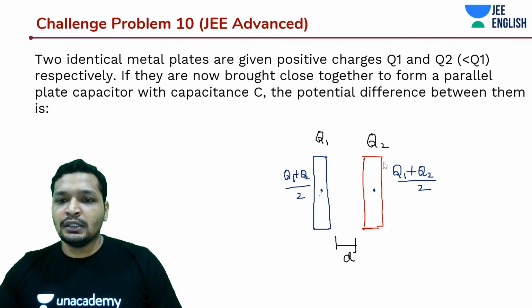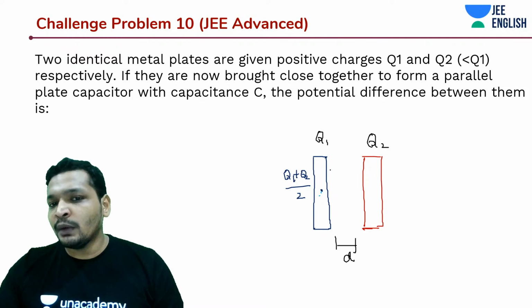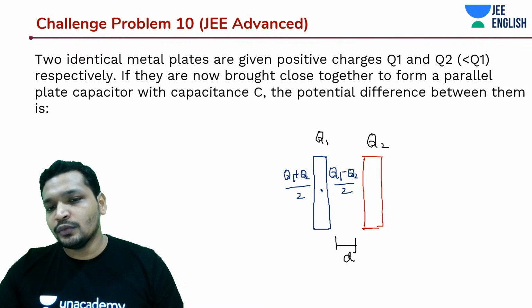Keep this as red color itself. If this is Q1 plus Q2 by 2, this should be Q1 minus Q1 plus Q2 by 2. How much is this? Q1 minus Q2 by 2.